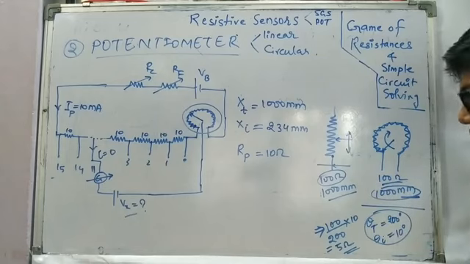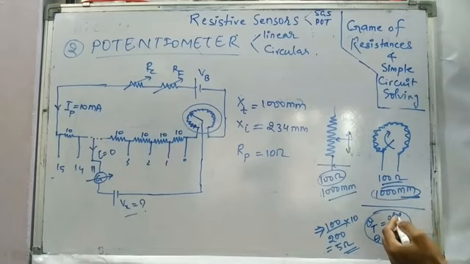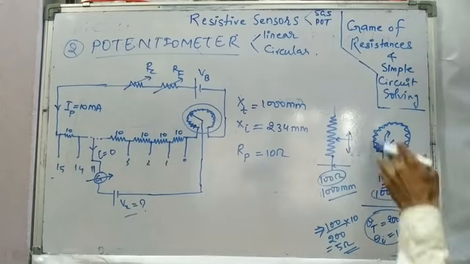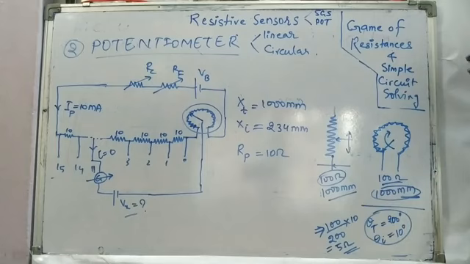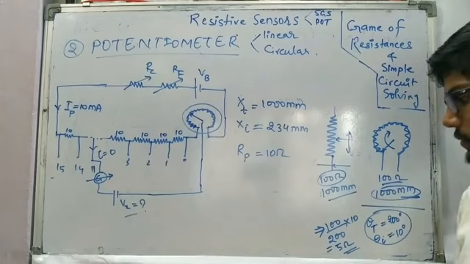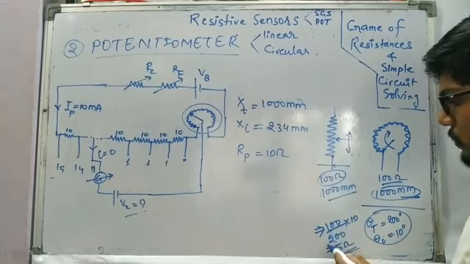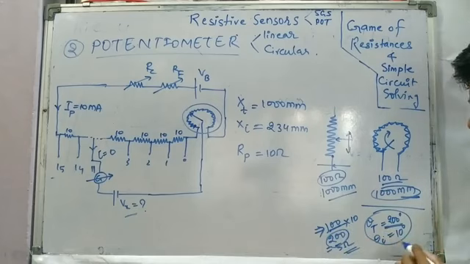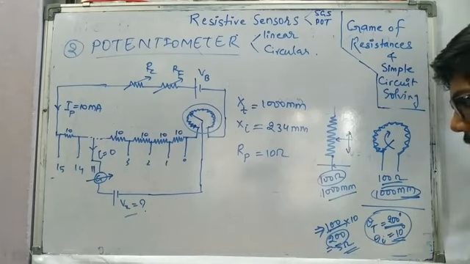And in another case, if it is given in terms of angles, let us say the total angle which the pointer can travel is 200 degrees, and the position at 10 degree. So in that case, how much resistance are we going to face? So 100 ohm for total 200 degree, and for 10 degree we are going to get 5 ohm.